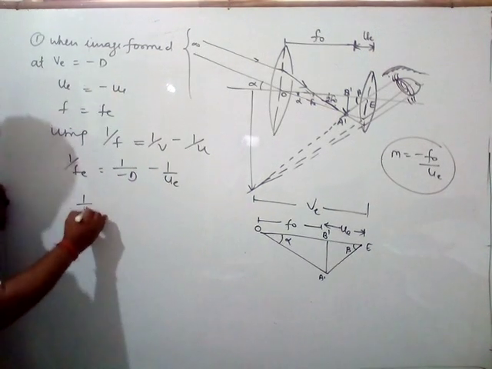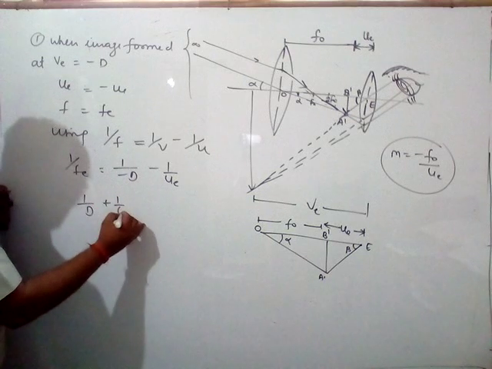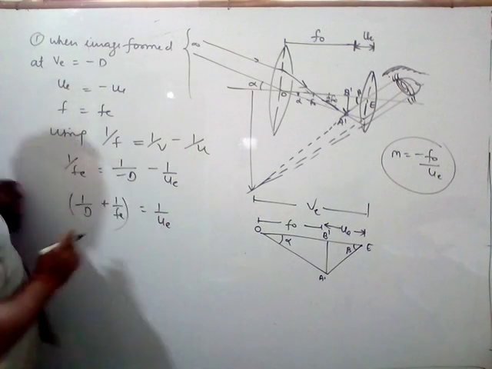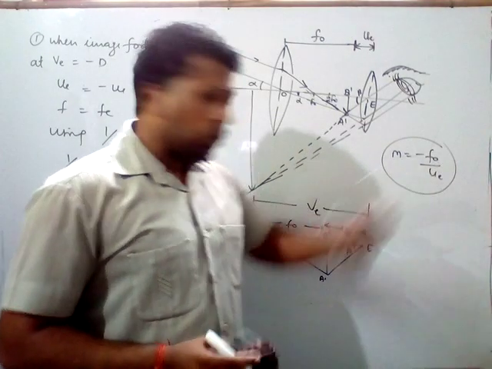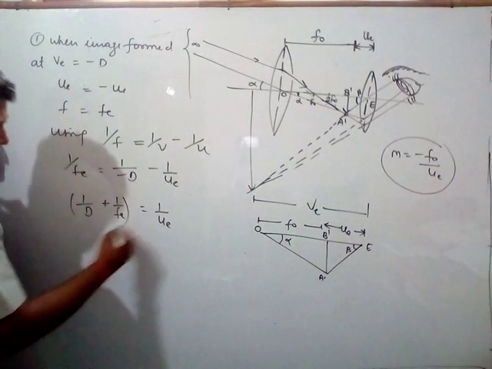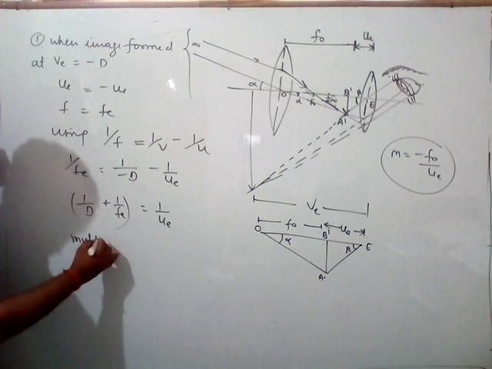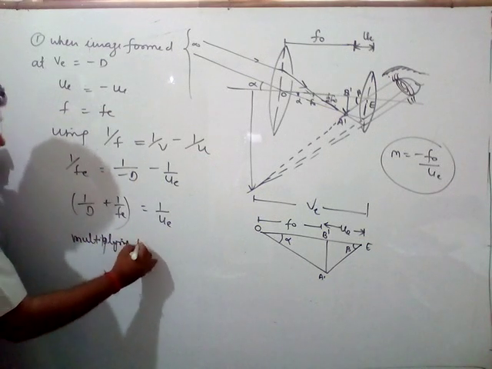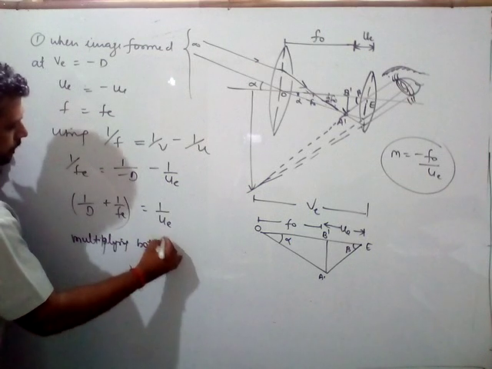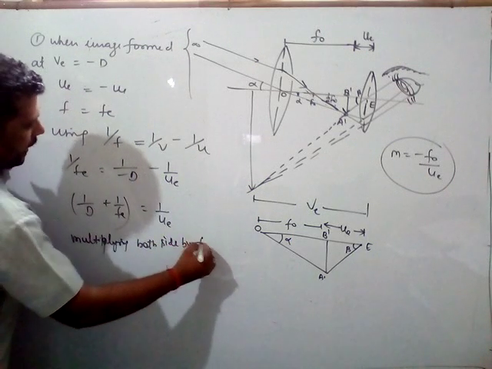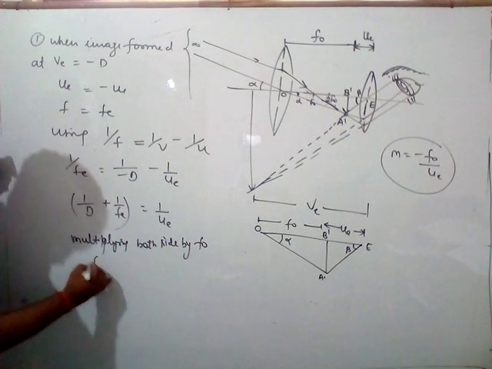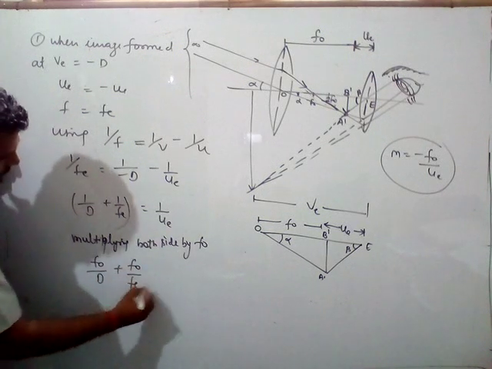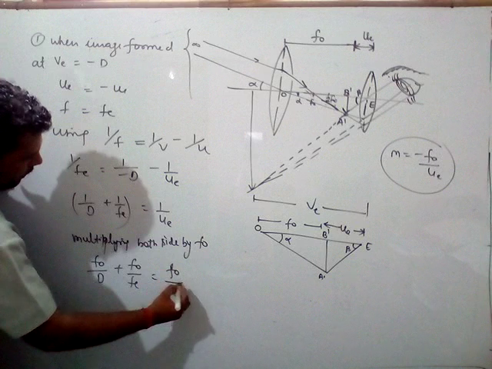So 1 by D plus 1 by FE is equal to 1 by UE, and you know that the magnifying power is FO by UE. So multiplying both sides by FO, FO upon D plus FO upon FE is FO upon UE.